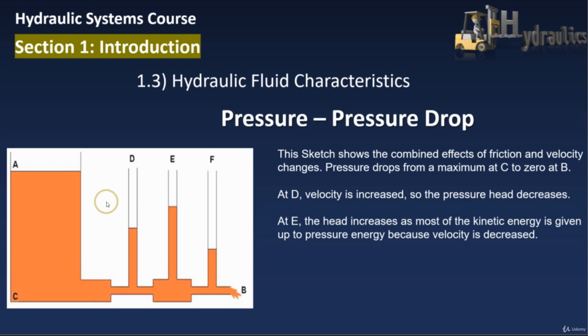However, at E, the head increases as most of the kinetic energy is given up to pressure energy because the velocity decreased. We have here different sizes. If you see this area, now the area increased. Again at F, the head drops as the velocity increased due to area restriction.